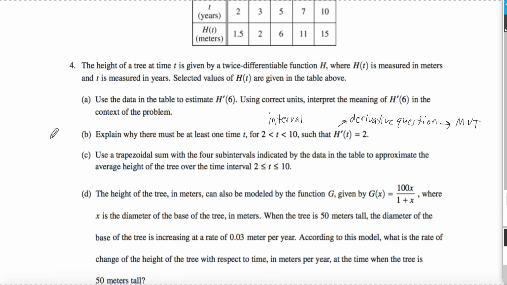So for MVT, for part B, we need to be able to specify and state that the function is differentiable. So we can say, is h differentiable? H is actually twice differentiable. So I can say then h of t is differentiable.